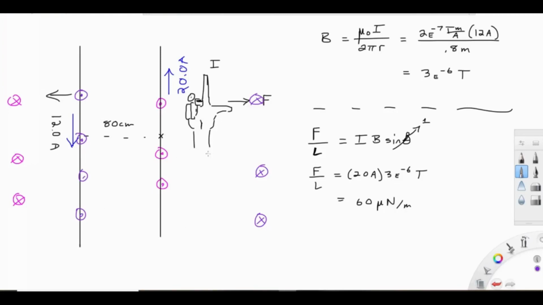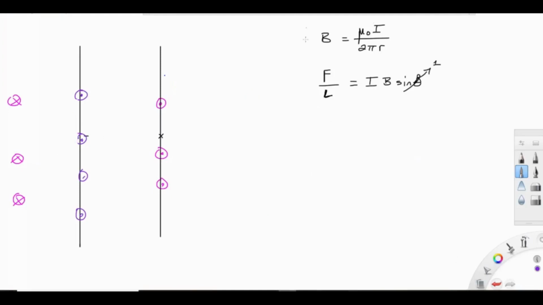Let's take a look at the general equation here. If we were to erase all of these numbers, we would still be left with these two important equations here. Remember that the magnetic field is produced by one wire, and the force per unit length is what is experienced by the other wire.